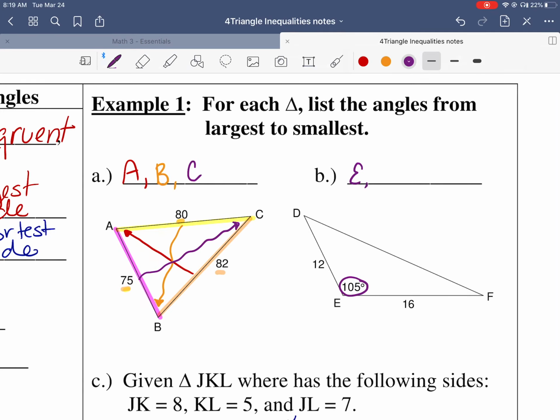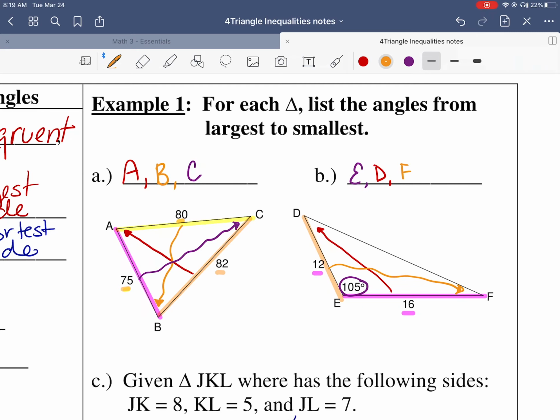Then I'm going to use my sides to find out the rest. Between 12 and 16, 16 is larger. So I'm going to go across from 16, and I get angle D. And last but not least, the side left over is 12, and the angle across from that is F.